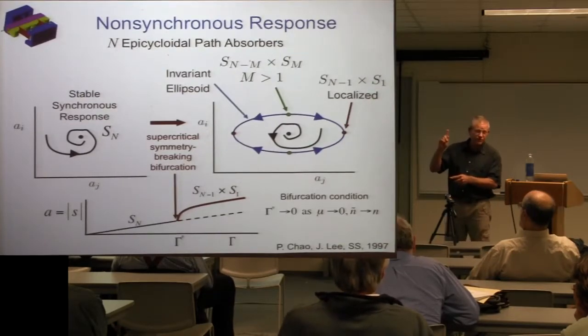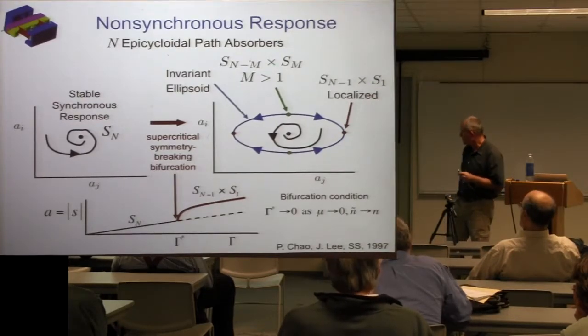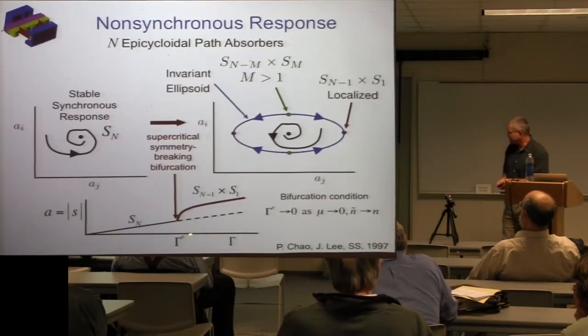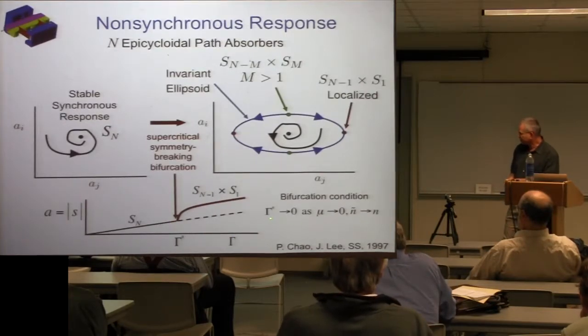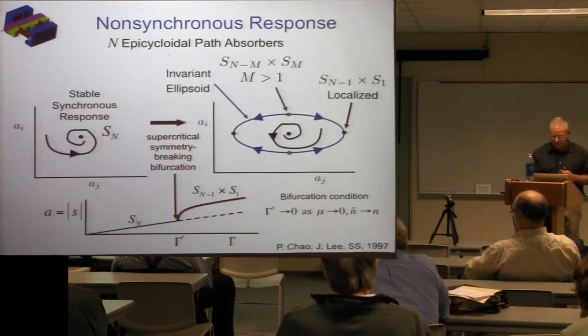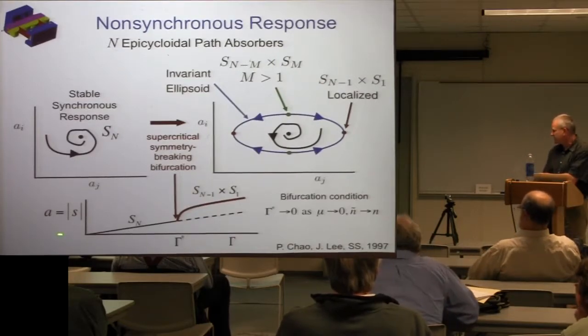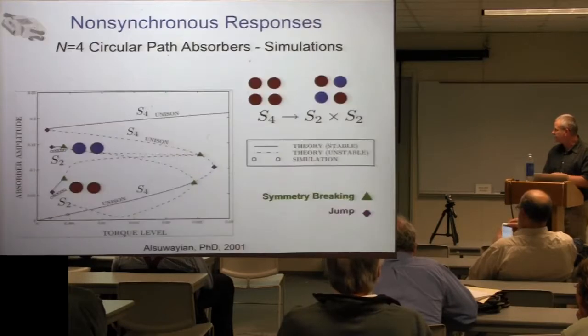And that's bad news for vibration absorbers because it's going to start hitting constraints and so forth. And in fact, in this example, we can show exactly that this bifurcation point scales in such a way that as the damping goes to 0 and the tuning order n tilde goes to n, it goes right back to 0 amplitude. So this is something that you have to worry about.